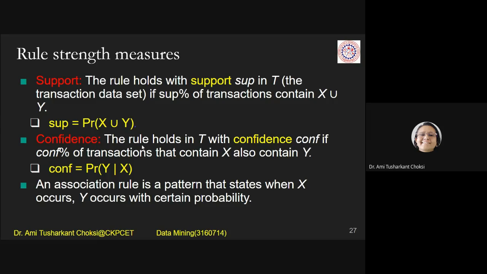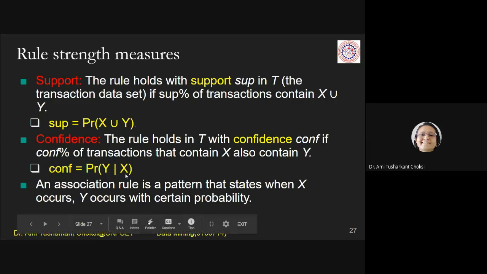For confidence, what do we see? The rule holds in T with confidence conf if conf percentage of transactions that contain X also contain Y. First was for X union Y. Here we say the probability of Y where X is already there.